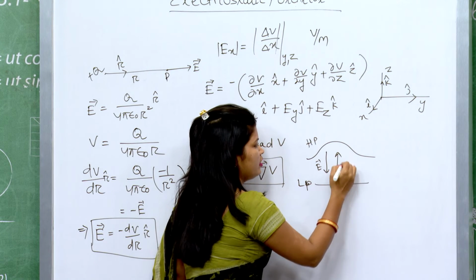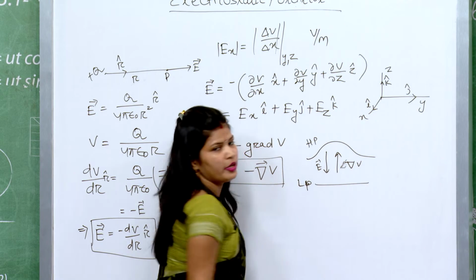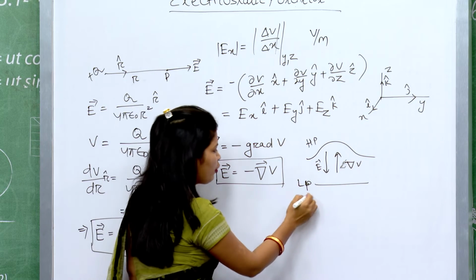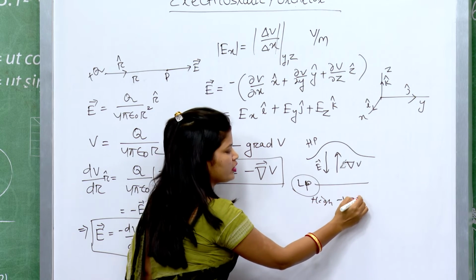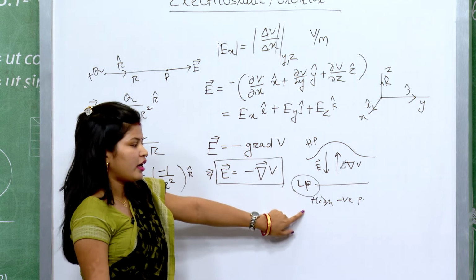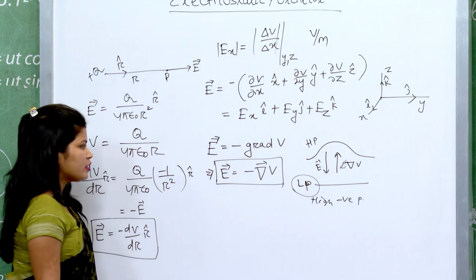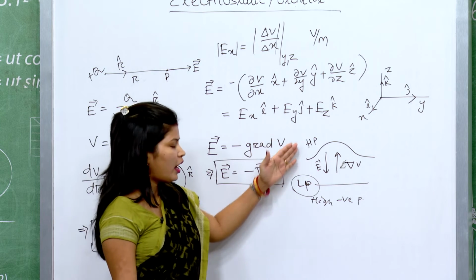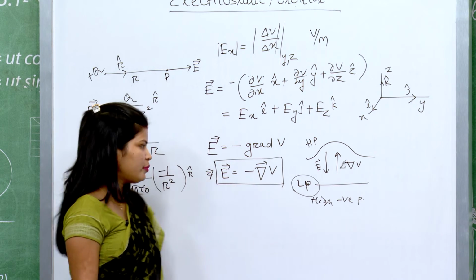So, that is the direction of gradient of V. So, lower potential means high negative potential. Okay. So, here high positive potential, here high negative potential or low potential you can say. So, positive charges will move from high to low and negative charges will move from low to high potential.